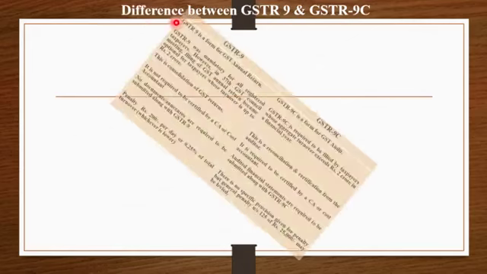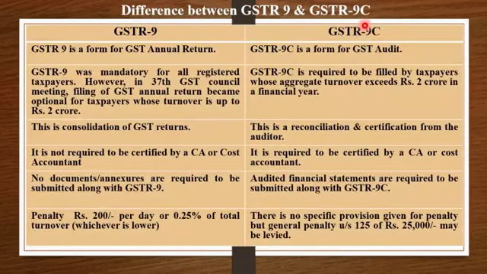What is the difference between GSTR 9 and GSTR 9C? So, first difference is GSTR 9 is a form for GST annual return and GSTR 9C is a form for GST audit. Second difference is GSTR 9 was mandatory for all registered taxpayers.